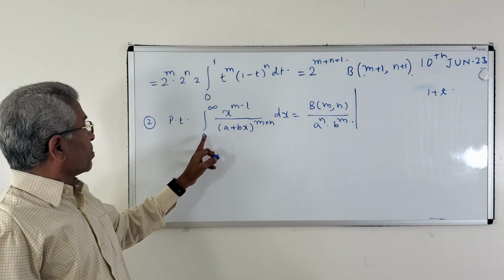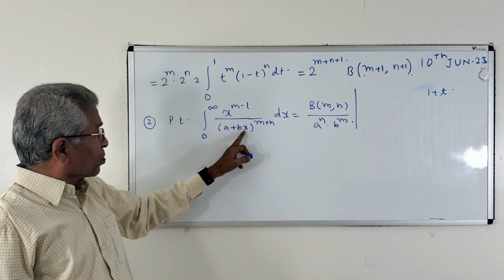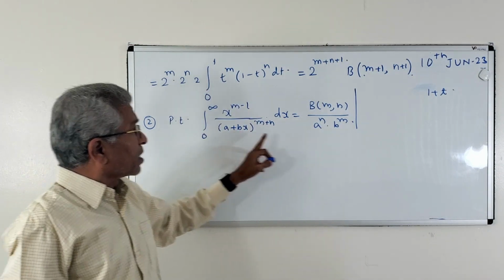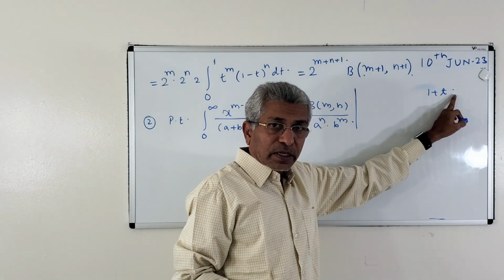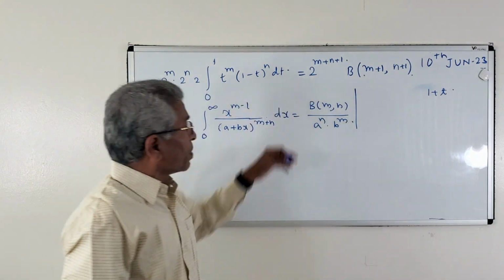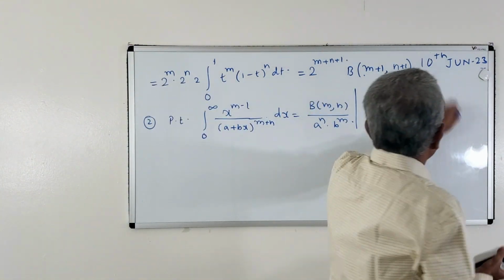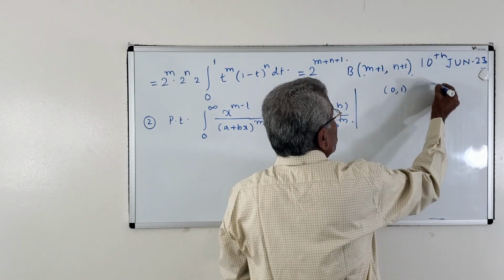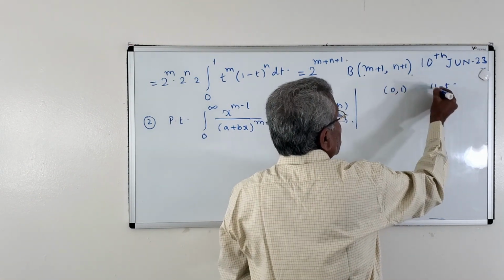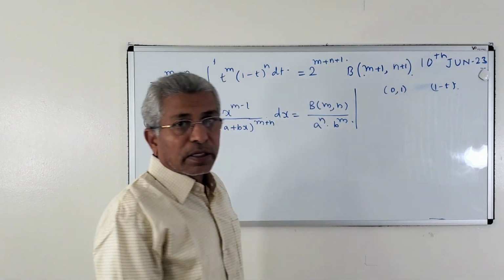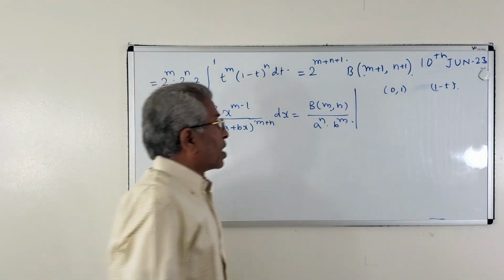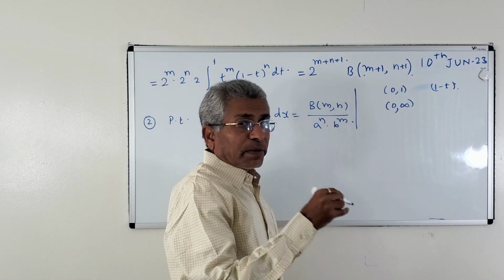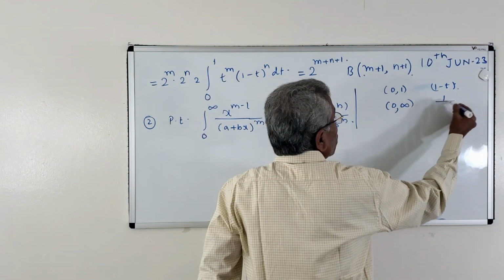Here limits are 0 and infinity and there is the expression a plus bx. Ignore the powers. a plus bx is identical with 1 plus t, so it can be solved by beta function. Like when the limits are 0 and 1, the integrand must contain 1 minus t as one of the factors. And when the limits are 0 and infinity, the integrand must contain 1 upon 1 plus t.